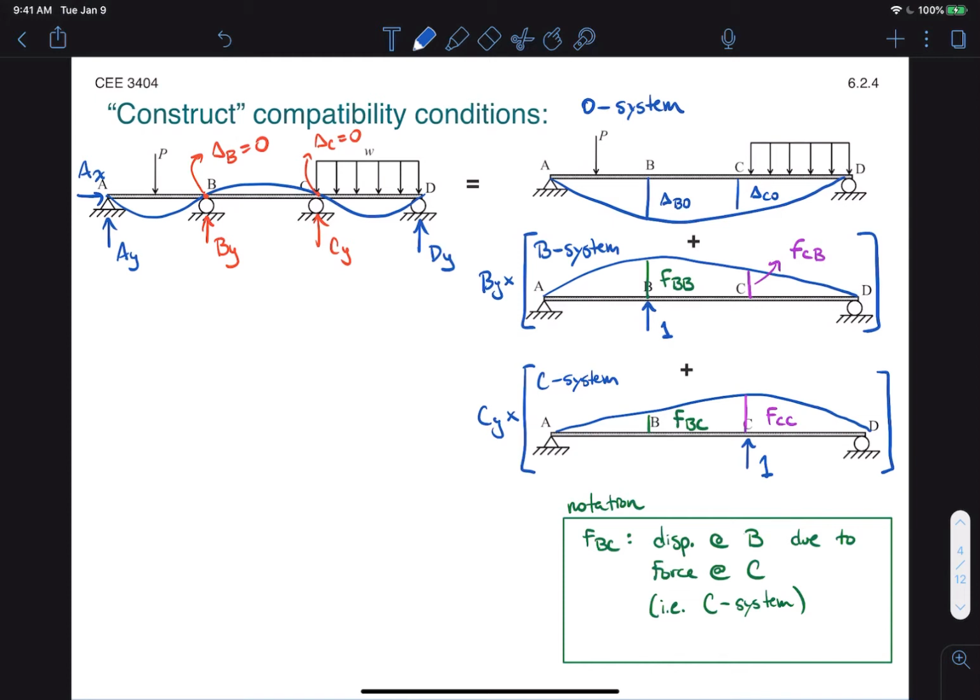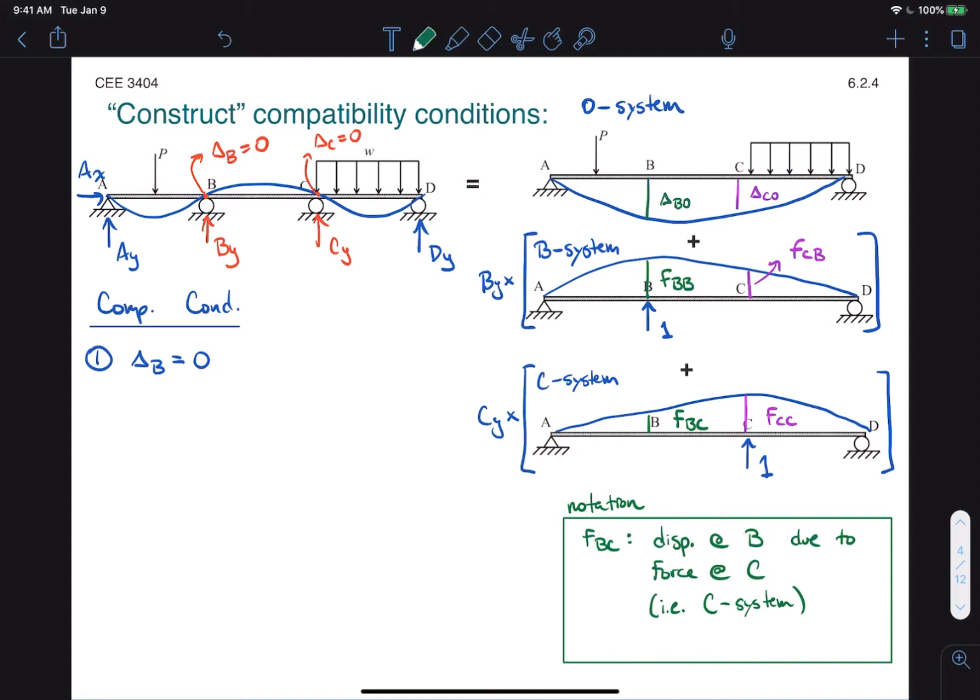Okay, so with that defined, now we can set up our compatibility conditions. So we need two in all, right? One for the displacement at B and one for the displacement at C. Okay, so number one, for the displacement at B, we have delta B equal to 0, of course, and that is equal to the sum of all the corresponding terms at B. In fact, I'll go ahead and color code the zero system as well, so it makes sense, right?